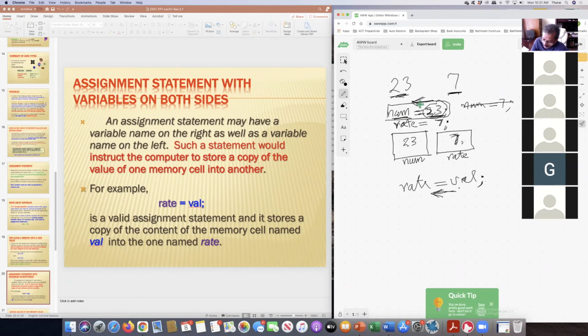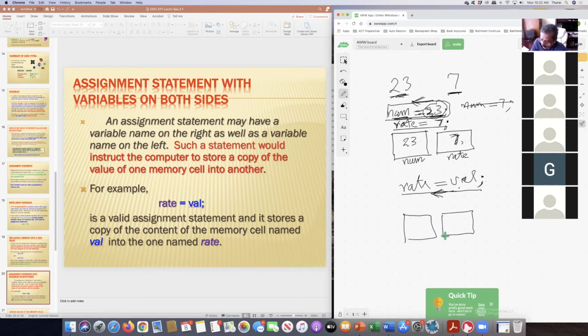So let's say we have these three statements in a program: num equal to 23, rate equal to 7, and then rate equal to val. Now, what do you have in the memory cells after these statements? What do you have in num now and rate now?